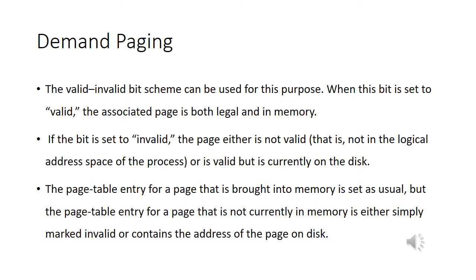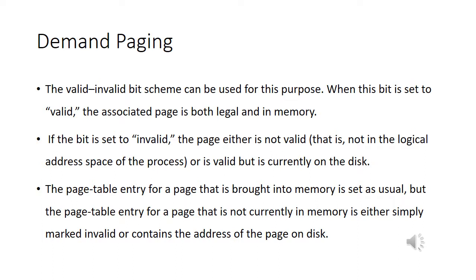When this bit is set to valid, the associated page is legal and it is in main memory. If the bit is set to invalid, the page is either not valid, that is the address is not in the range of the process's logical address space, or it is valid but it is not in the main memory, it is on the disk.